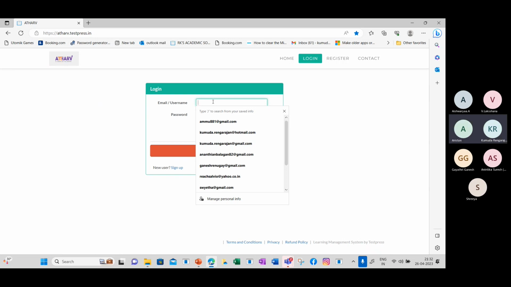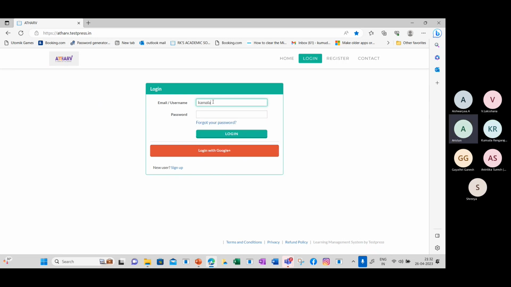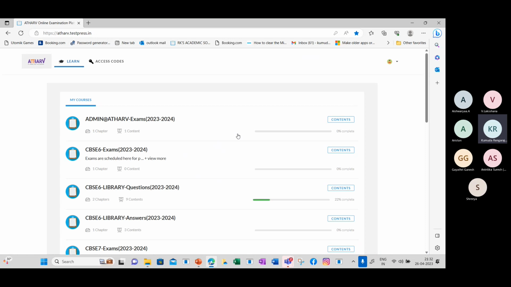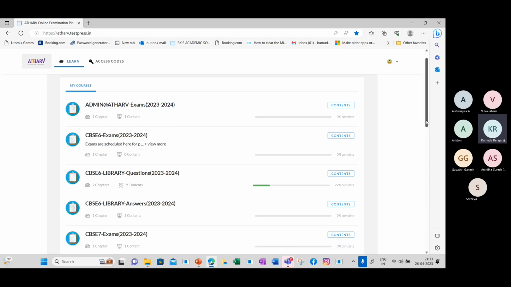Now I'm using a different one. So username, password. When you do that, it'll bring you inside the portal. Now, your portal will not have all these, it will not have so many contents.